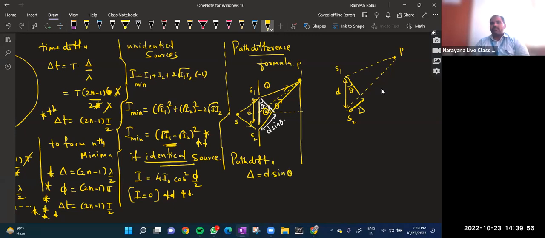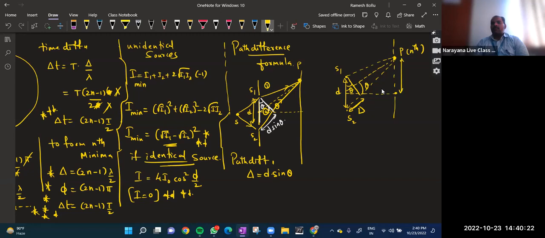This is our screen. This is our midpoint. And this is also angle theta. At point P, how many possibilities are there? Two possibilities. Either nth maxima or nth minima may be possible. So what is the distance between the center and the point P?